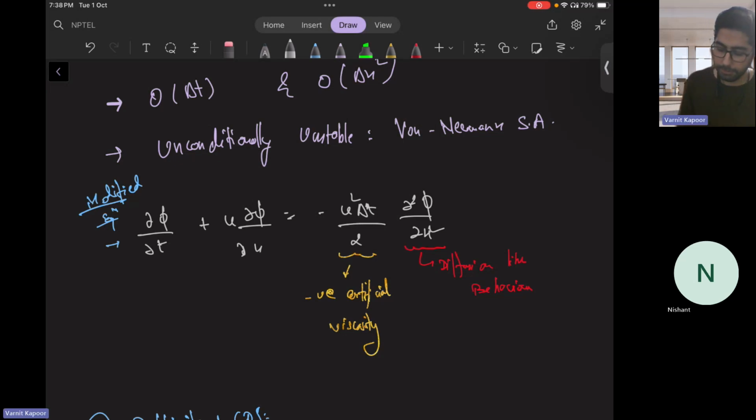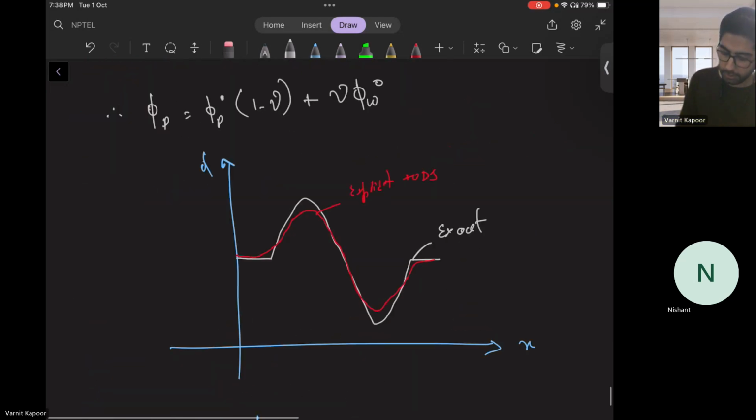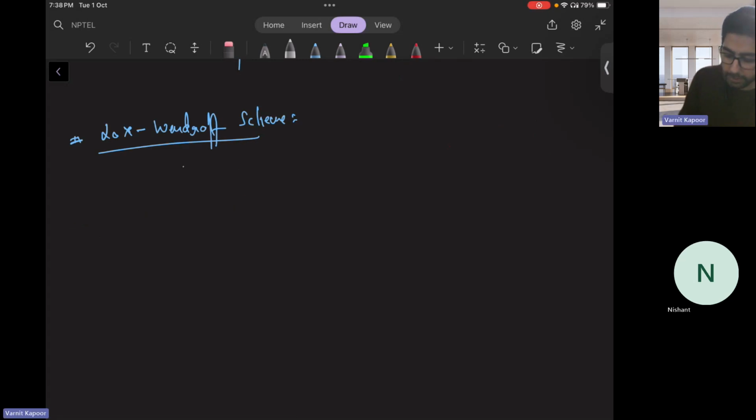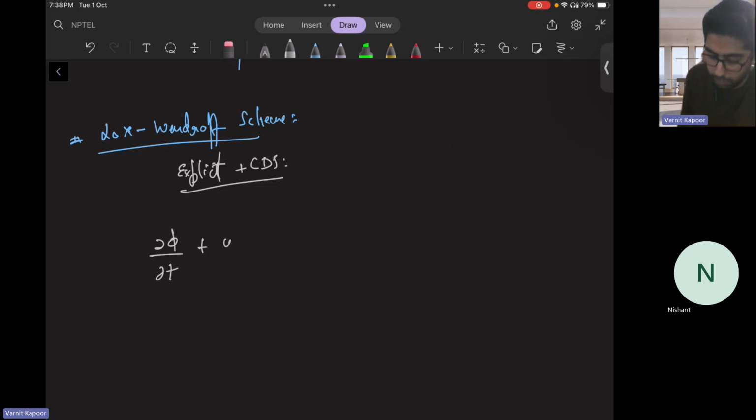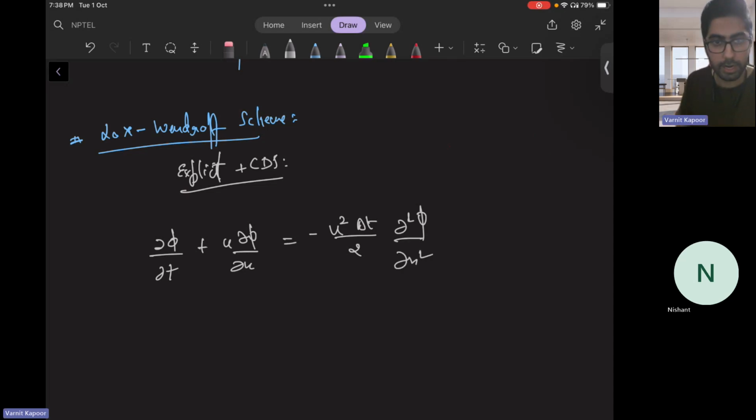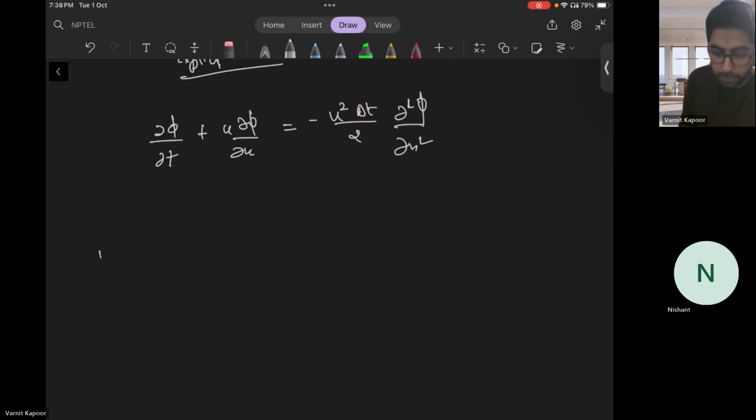So let me write here, for explicit plus CDS, I'm saying the first equation. You had an equation dou phi by dou t plus u dou phi by dou x, which you wanted to be equal to 0, but there was a u square delta t by 2 into dou 2 phi by dou x square term. Instead of this, instead of equal to 0, you solve for the plus value.